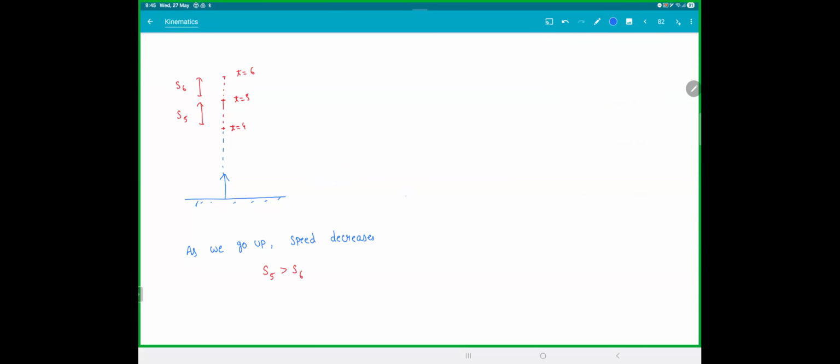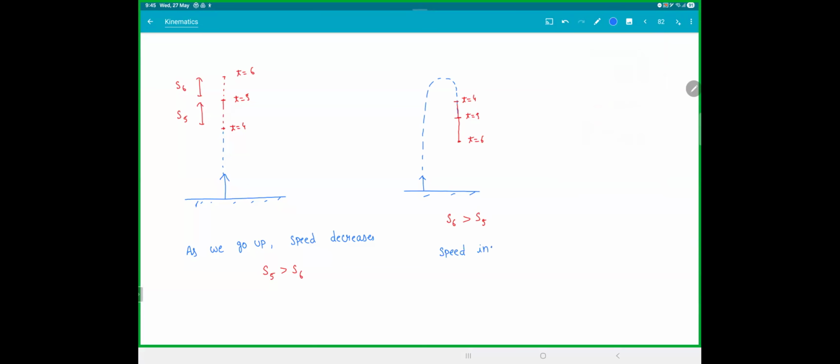Second possibility, maybe this happened while coming down. Means you already went up, you took a turn, and then you're coming down. Now, if this is T4, this is T5, now you're going faster and faster. In this scenario, S6 will be greater than S5 because the speed increases.